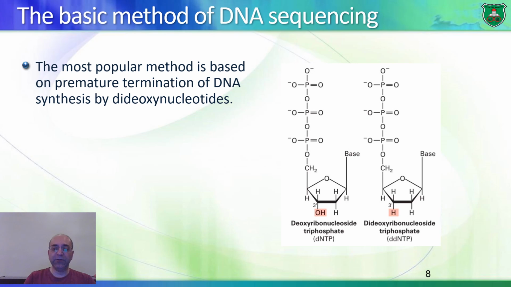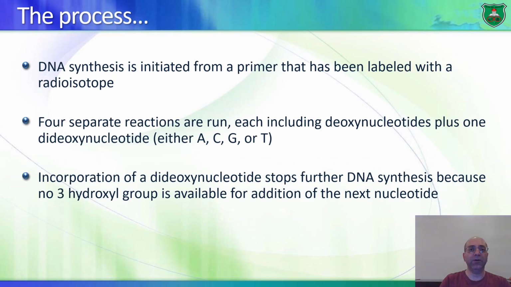And that is what's used for DNA sequencing. The idea here is that in order to sequence a DNA, what we need is a primer, just one primer, because we're only going to sequence one strand, not both strands. Of course, we need a DNA polymerase.